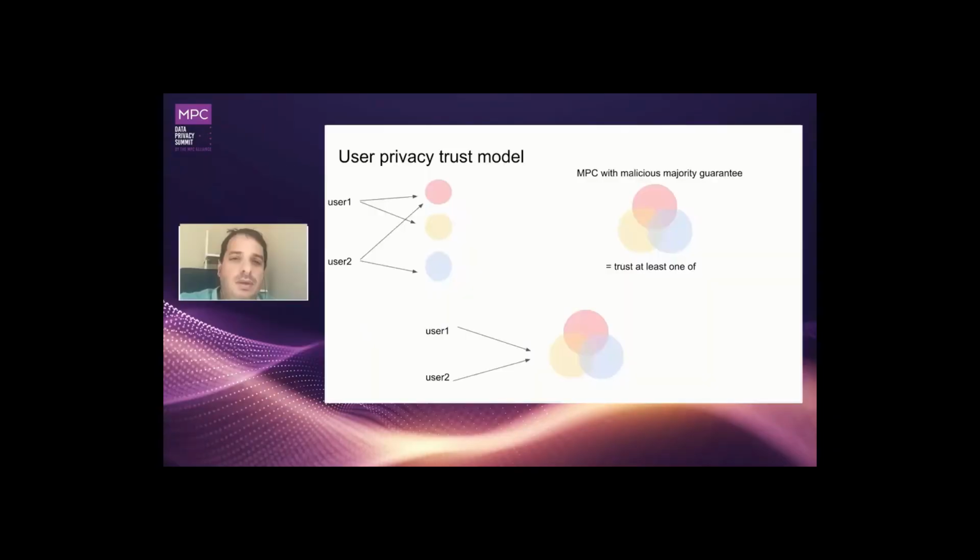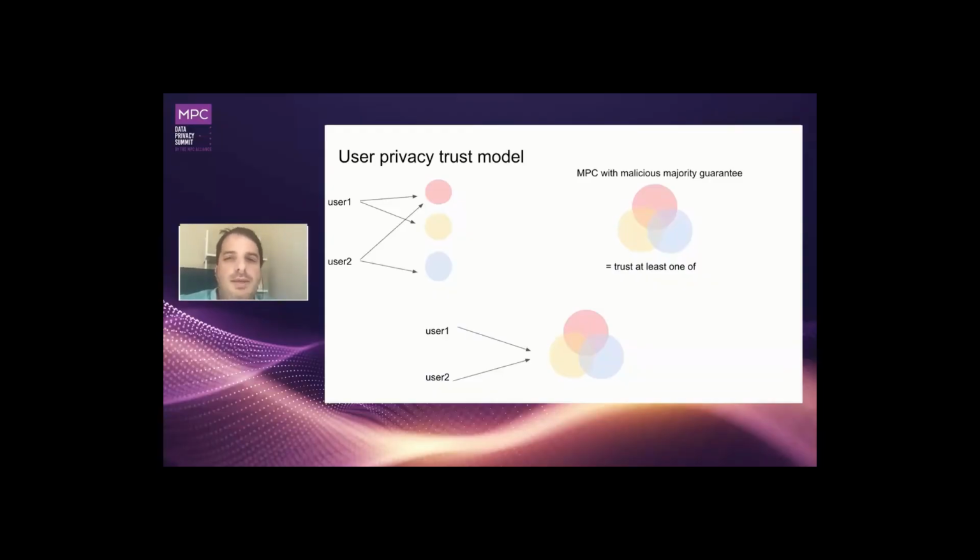Some final notes on the user privacy trust model. Imagine there are users that already trust these channels, so they trust these different websites with their privacy. But not every user goes to every site, and not every user trusts every site.